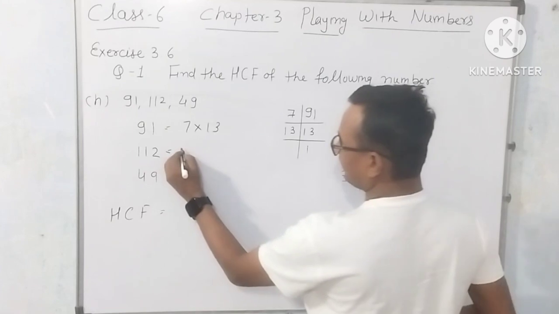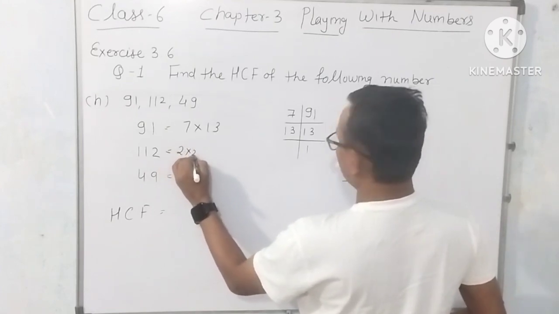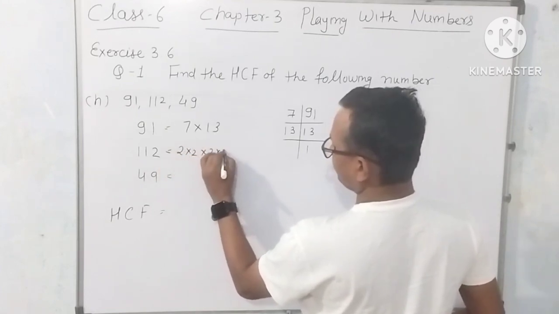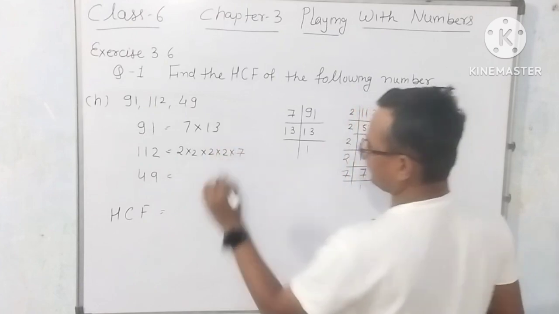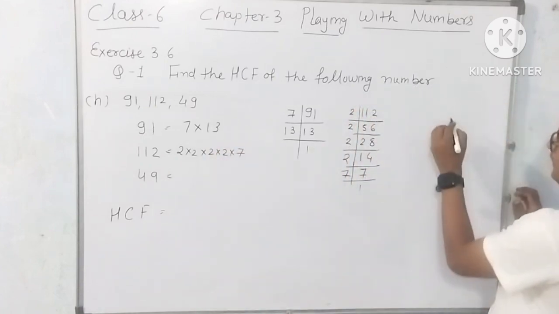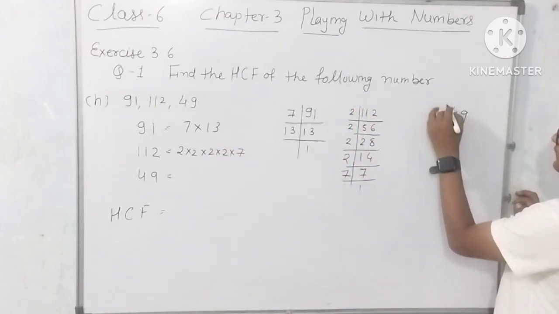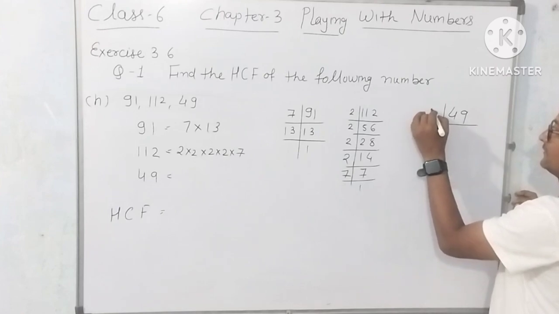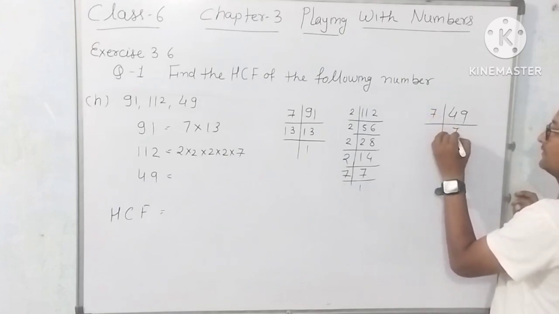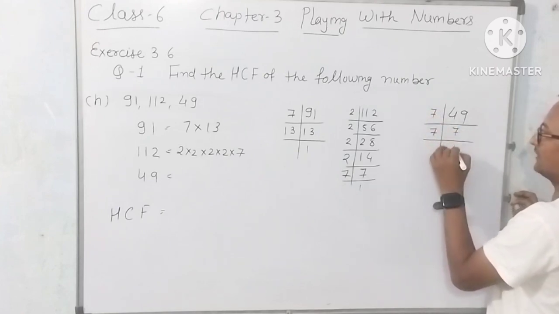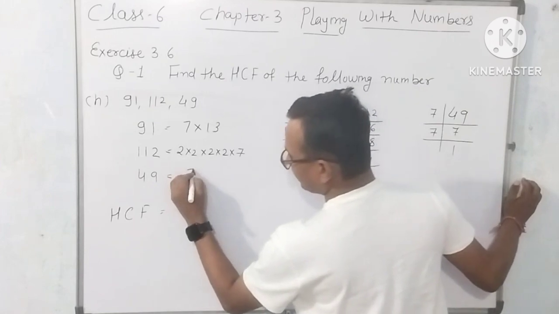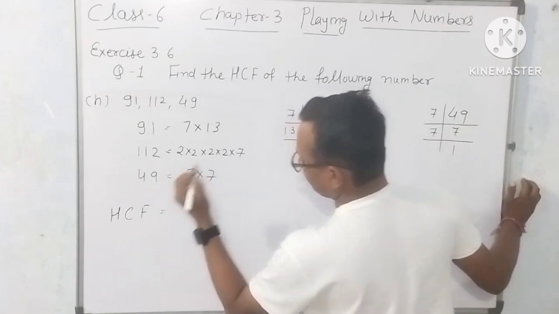So here we can write 2 into 2 into 2 into 2 into 7. Again 49. 49 is divisible by 7. 7 7 is 49, 7 1 is 7. So here we can write 7 into 7.